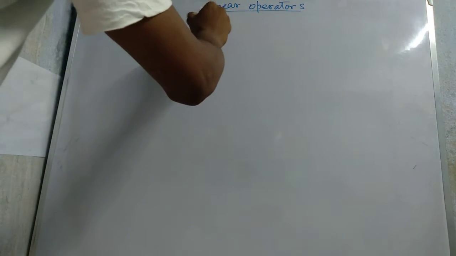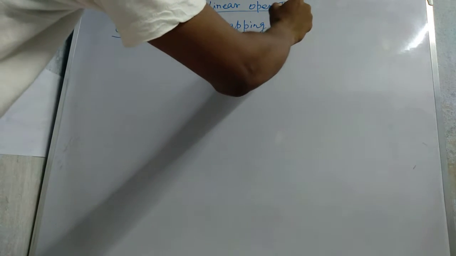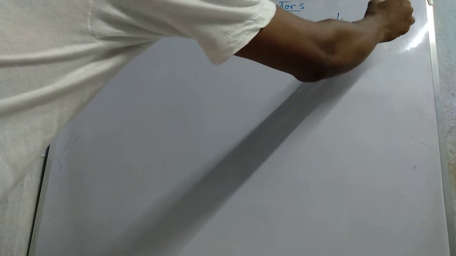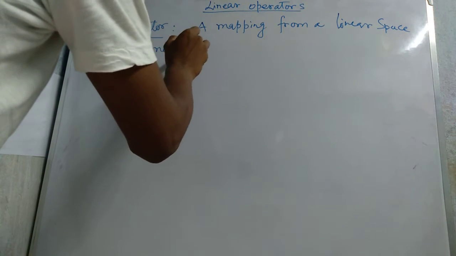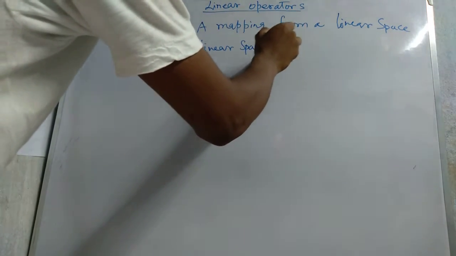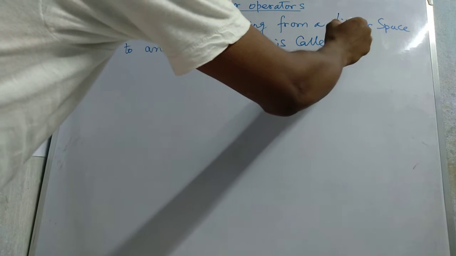A mapping from a linear space to another linear space is called an operator.